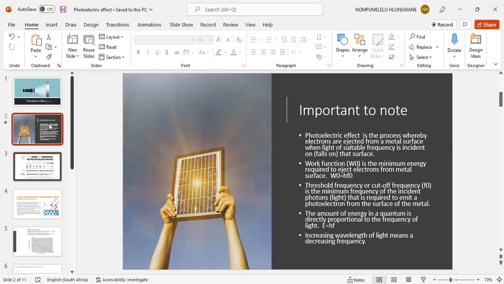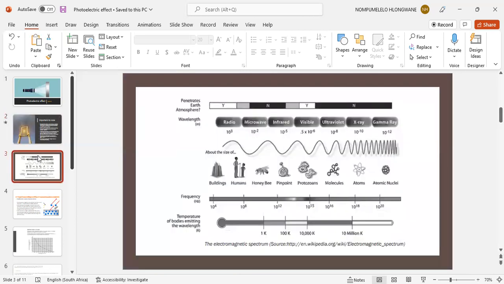We also have to know that increasing wavelength of light means decreasing frequency. You'll notice this on an electromagnetic spectrum. If light has a longer wavelength, it has a low frequency, and if it has a shorter wavelength, it has a high frequency.